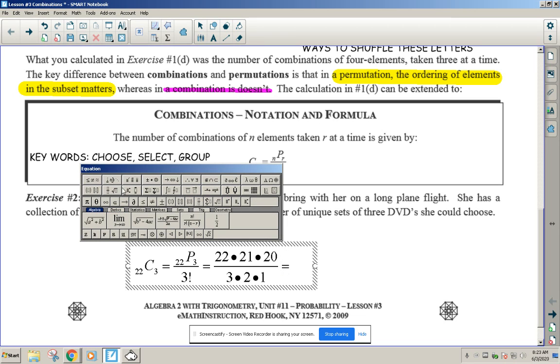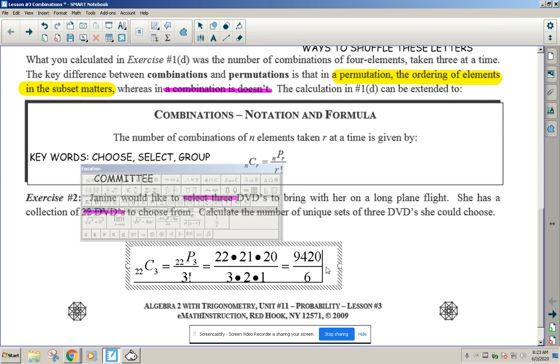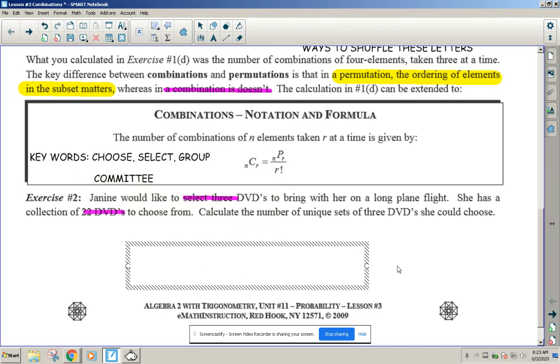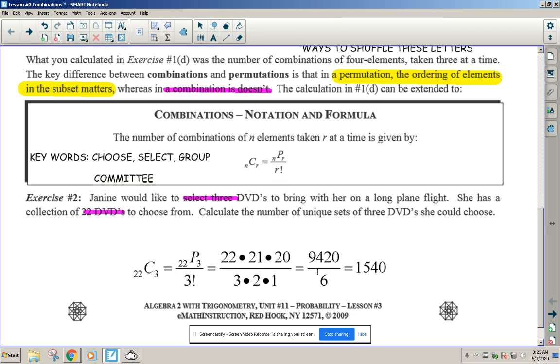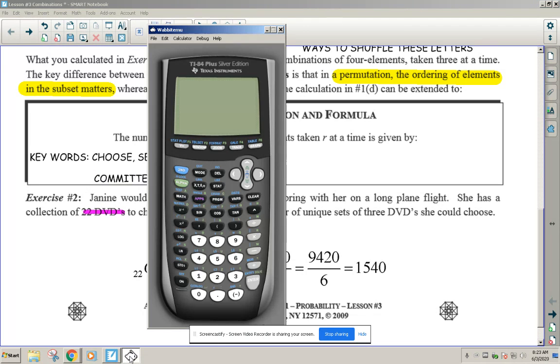And then this, if you worked it out on your calculator longhand, you would have 9,420 over 6, which then would equal 1,540. So you could write it out and use the formula. Now, I know most of you are not going to want to do that, so good news, let's go to the calculator.